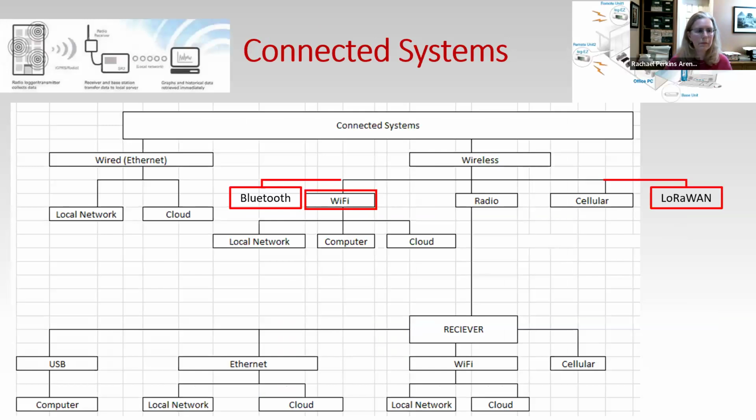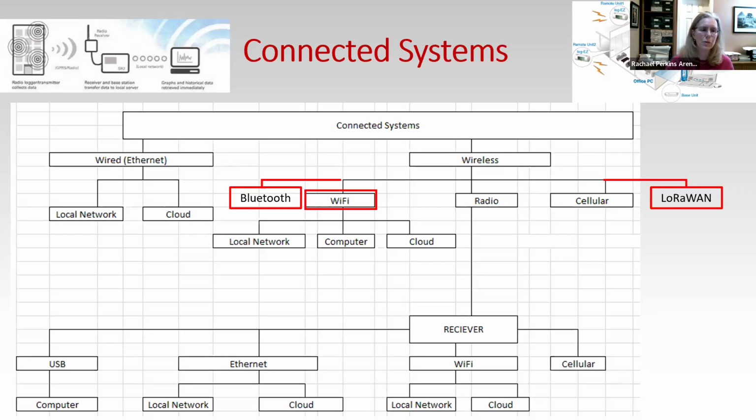In contrast, we have connected systems. But it's important to understand that not all of these sensors are logging and storing the information. Some are merely sensing the information and then relaying it to the nearest collection point. These connected systems can be wireless, or they can also be hardwired into your Ethernet.